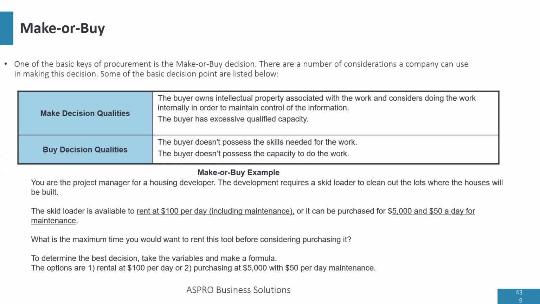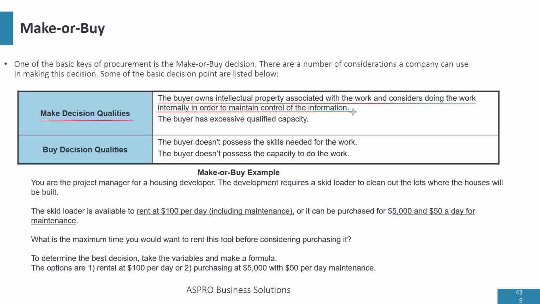So when we're talking about make or buy analysis, what influences a make decision? What's a make decision? Do it yourself. When the buyer owns intellectual property associated with the work and considers doing the work internally in order to maintain control of the information.